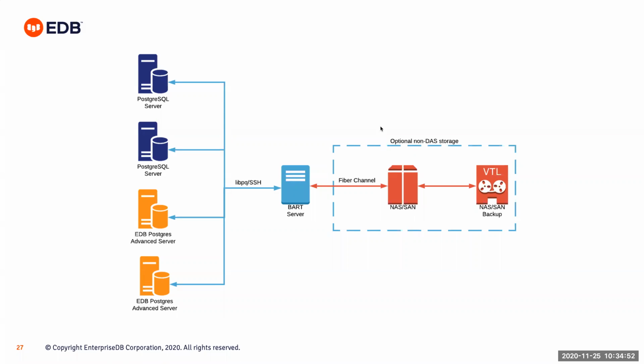And in this case, and this is optional, of course, is to have a SAN that stores all the data. It's usually a good idea to have a lot of storage, but also fast storage, so that your backups can finish as quickly as possible. And in this case, also optional, a backup to tape of the backups themselves.